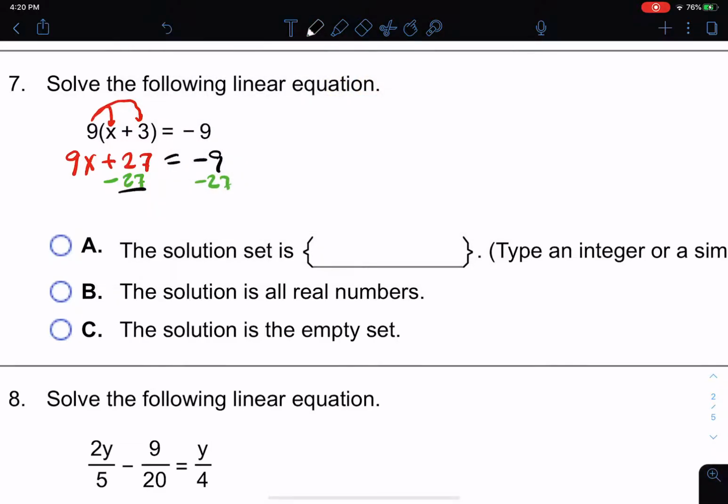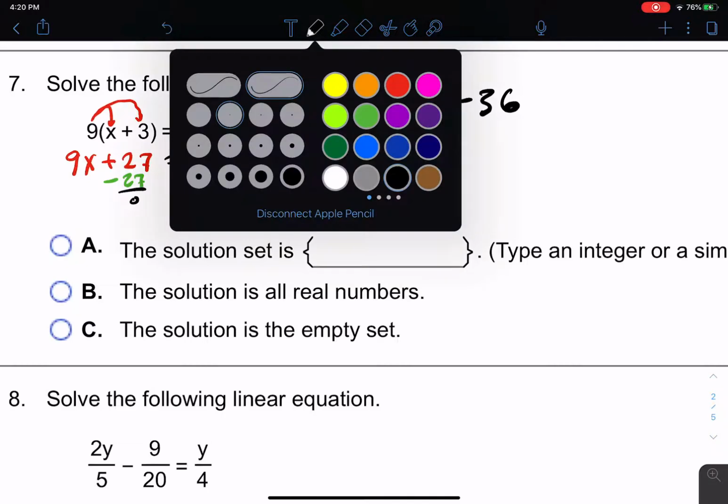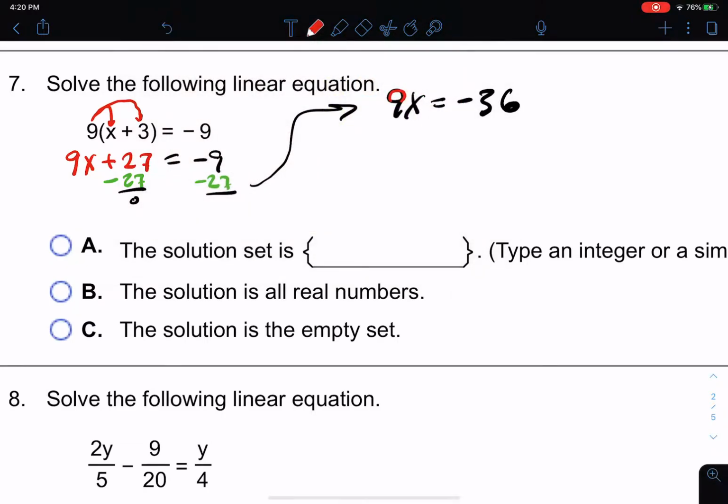That makes that 0 out. Let's see what we have over here. We're left with a 9x on the left, and on the right we have negative 27 minus 9, which gives us a negative 36. And once again, we need to turn that into a 1x, so just divide by 9 on both sides, and there we go.